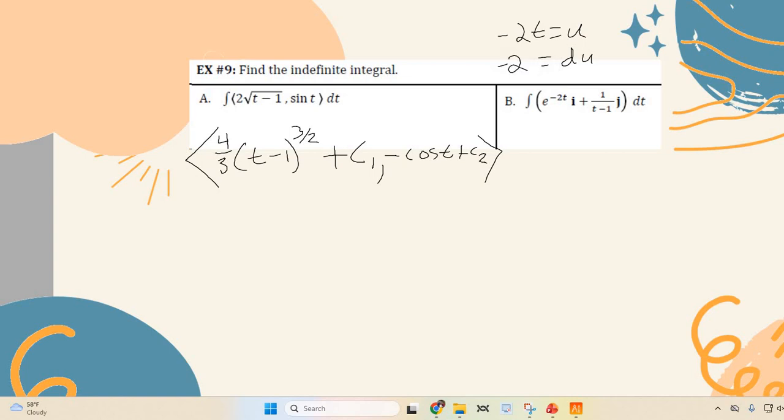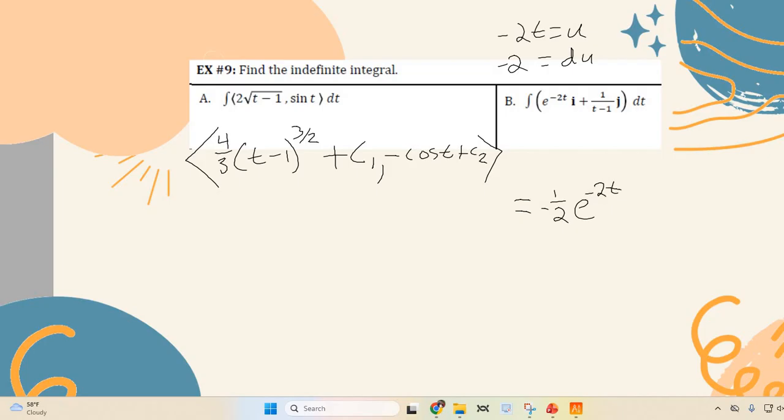So we are going to have to divide by a negative 2, so we do get a negative 1/2 in front. And then what is the antiderivative of e to the u? Yep. So I get a negative 1/2 e to our u, which was a negative 2t.